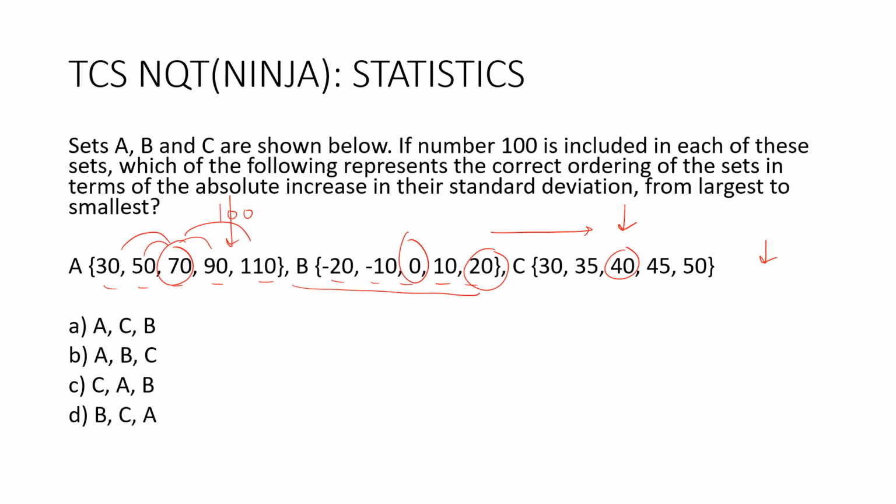The maximum distance was with B, where the mean was 0, and it was at a long distance. Here, the distance is still more from 40 to 100, and it was the smallest with set A. So where was the maximum increase? The maximum increase was with B, followed by C, and finally followed by A.